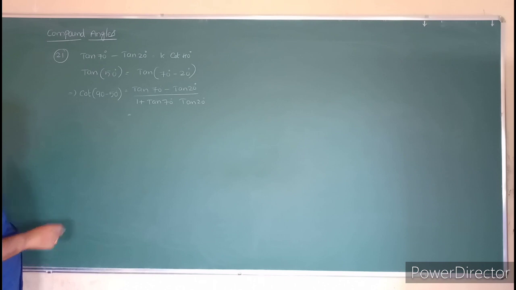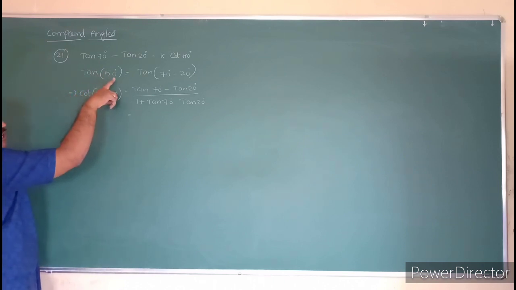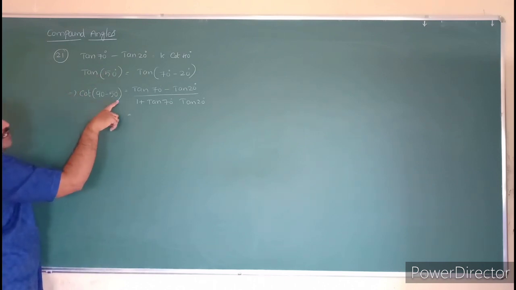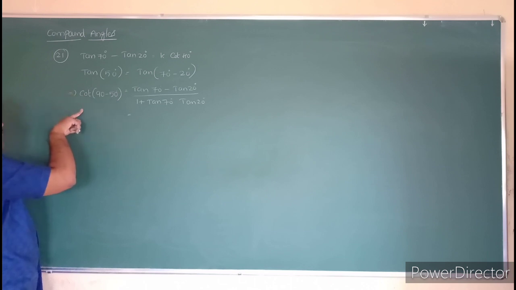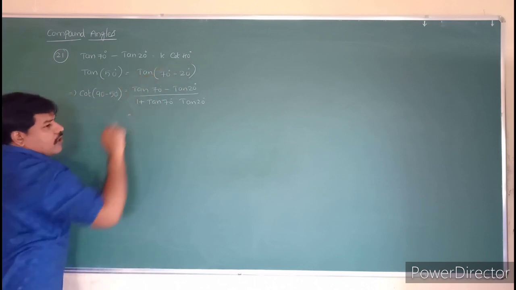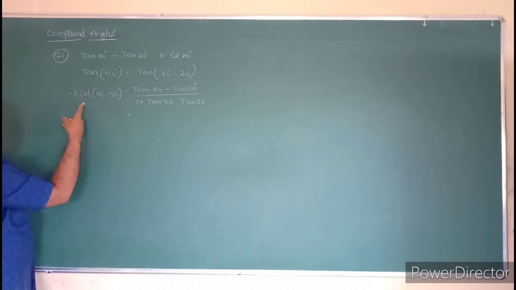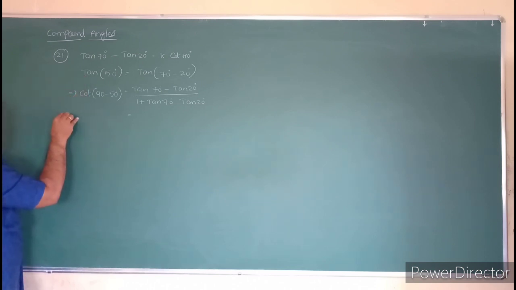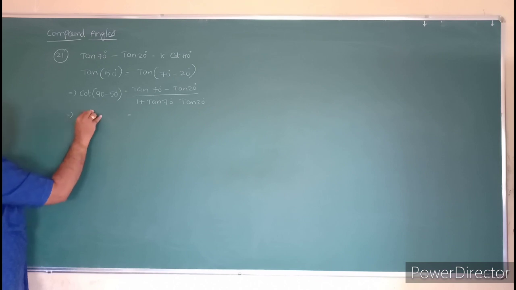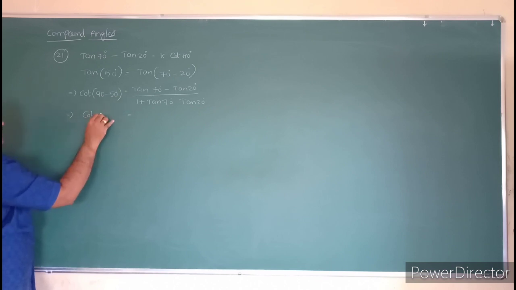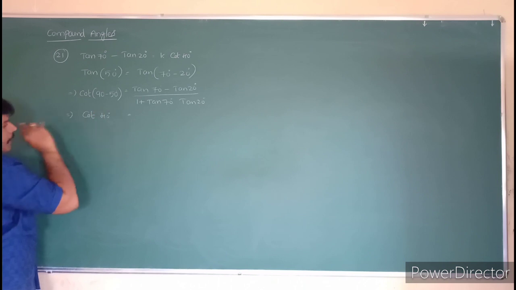Yes or no? Tan theta you can write as cot of 90 minus theta. Sir, why are you writing like this? Because the answer is in the form of cot 40, in terms of cot. So that's why I am taking tan as cot. So that implies cot of 90 minus 50 is nothing but 40 degrees.